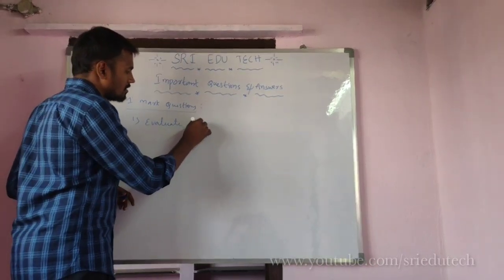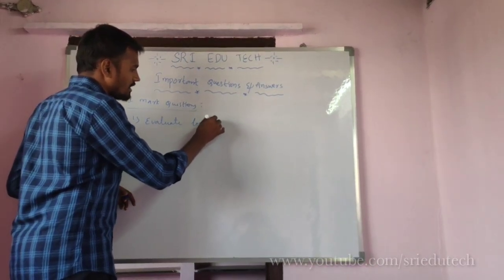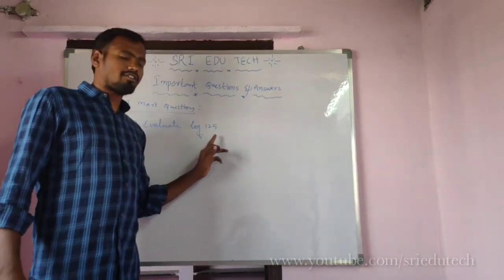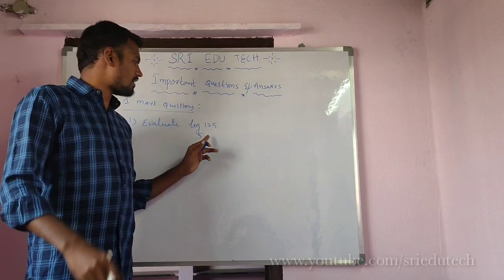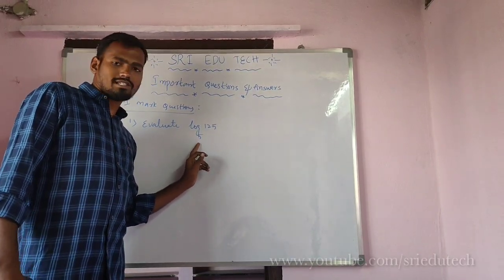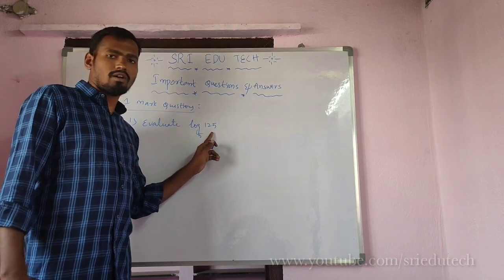Evaluate log 125 to the base 5. You know already 125 to the base 5. So by using the base, write the power of this number.